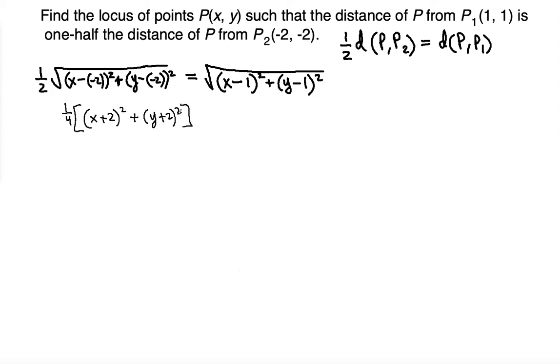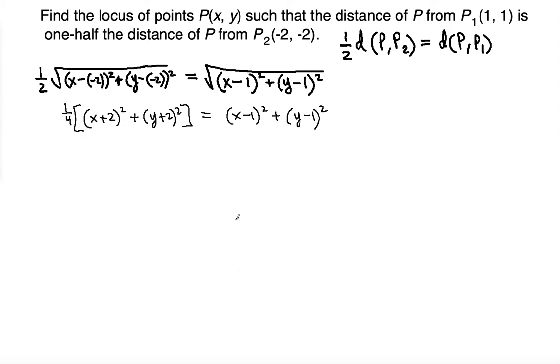Because 1/4 multiplies everything together like 1/2 did the contents inside the square root. And that's equal to, since we're squaring both sides, the square root on the right side is also gone, so that's going to be x minus 1 squared plus y minus 1 squared.